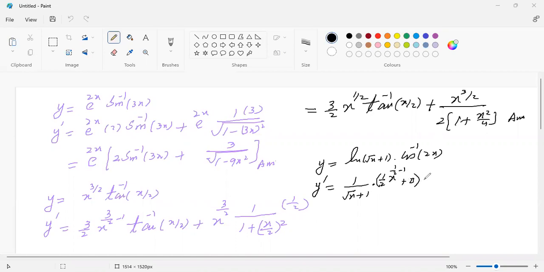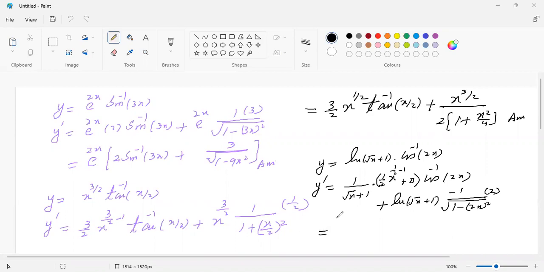Keeping the cos inverse as it is, and plus, keeping the ln term as it is, ln of square root of x plus 1, the derivative of cosine inverse is minus 1 by the square root of 1 minus 2x whole square, using the formula that we wrote on the previous page, into the derivative of the inner function, which equals 2. Now we have completed the differentiation.